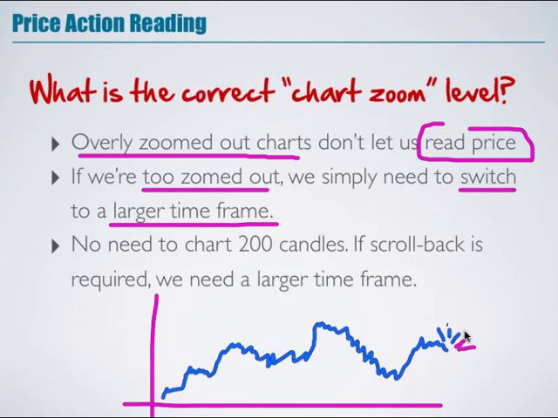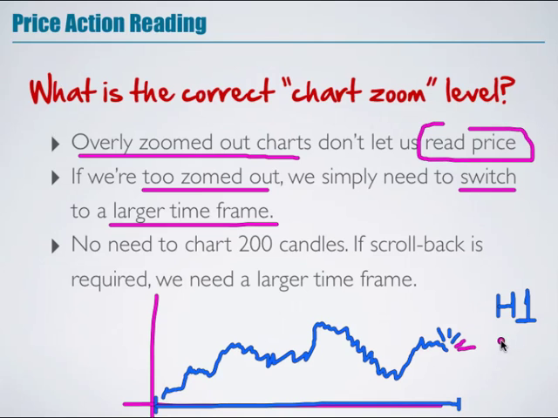So, if this specific chart was, for example, the 1 hour time frame, and you were trying to map out an entire week's worth of price action, let's say maybe 5 days, well, that may be a little too much for the 1 hour time frame.